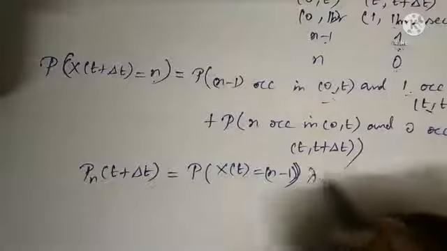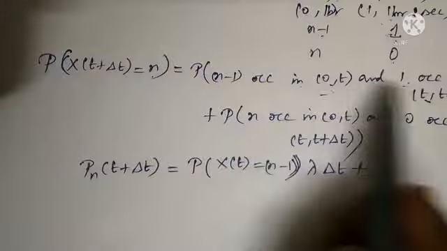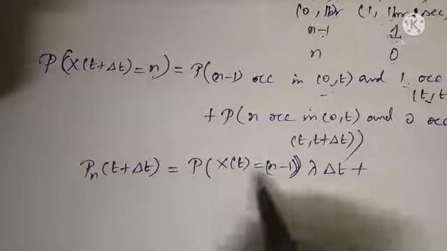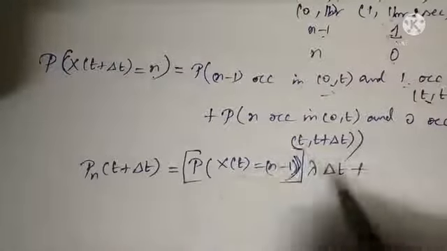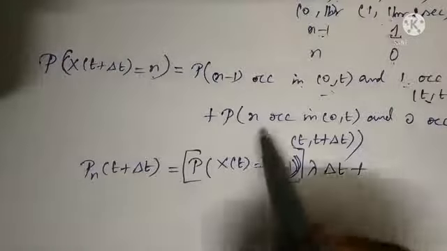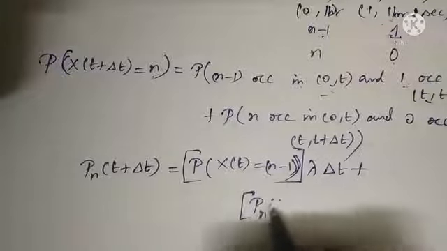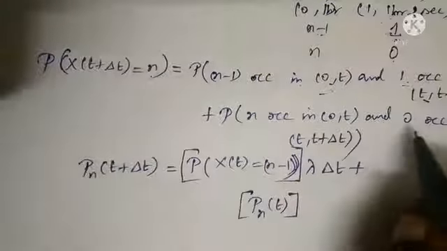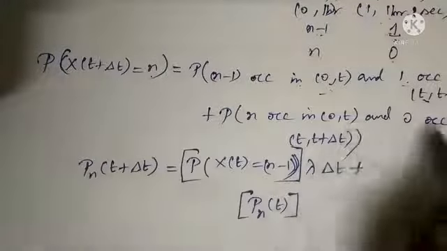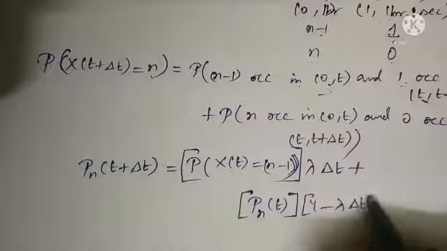So the probability of one occurrence in the interval that we studied is lambda into delta t. Since they are independent, I can write it like this. Similarly, the probability of n occurrences in the interval can be written as Pn of t, and since the occurrences are independent, the probability of zero occurrences is 1 minus lambda into delta t.